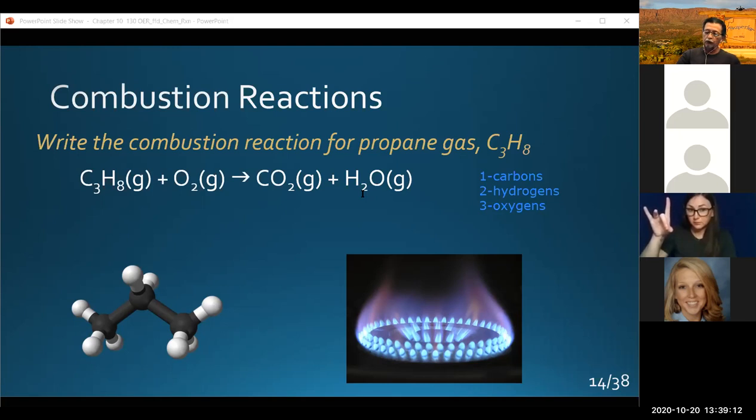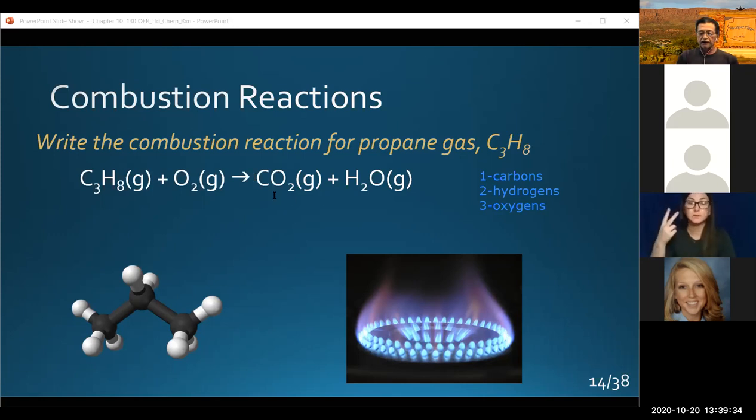So if we put a 4 in front of water, that balances out the hydrogens. Now we look at the oxygens. If we put a 4 in front of water, that gives us 4 oxygens. And then we had a 3 in front of carbon dioxide, which gives us 6 oxygens. So we have a total of 10 oxygens.